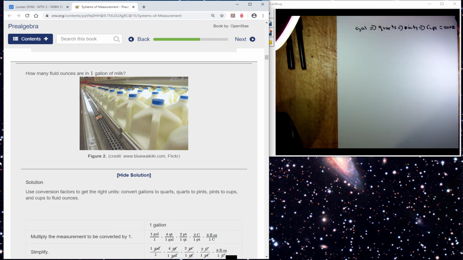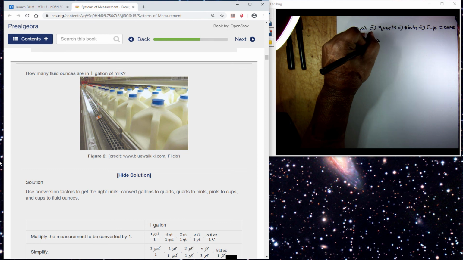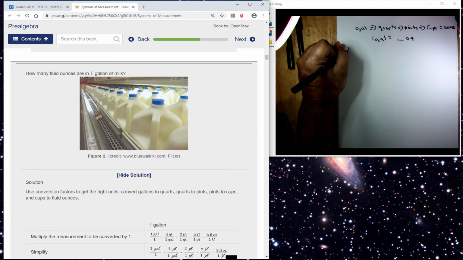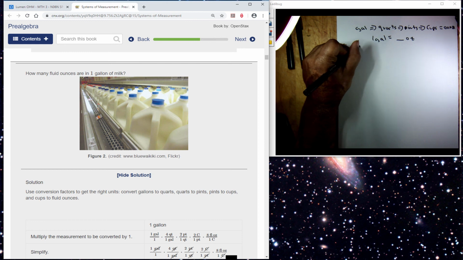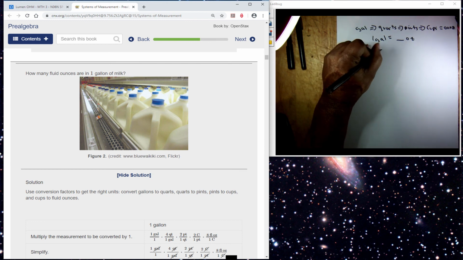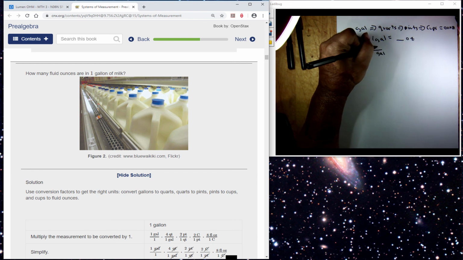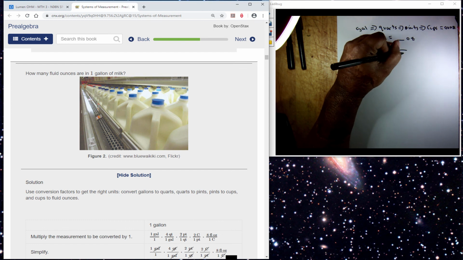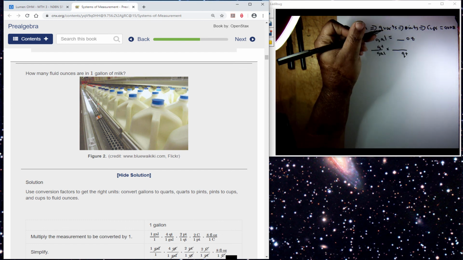So we have here 1 gallon. 1 gallon is equal to so many ounces. So I'll multiply here. I have 1 gallon. I want gallons to disappear, and I want to replace that with quarts. Then I want quarts to disappear, and I want to replace that with pints.